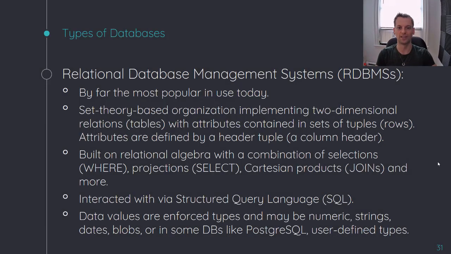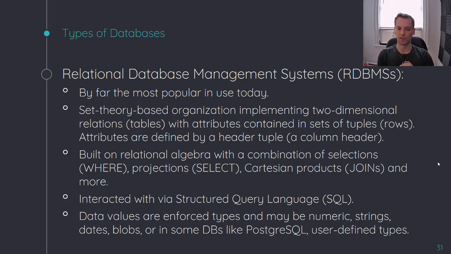Alright, so Relational Database Management Systems, RDBMSs. They are by far the most popular database style in use today. They are set theory-based organizations implementing two-dimensional relations that you can think of as tables, with attributes contained in sets of tuples, which you can think of as rows, and these attributes are defined by a header tuple, which is basically a column header.